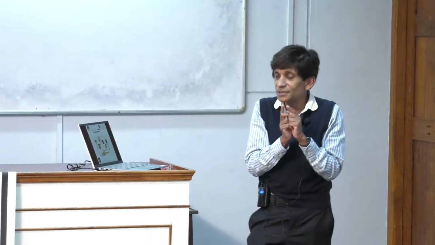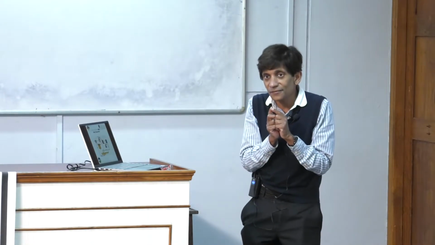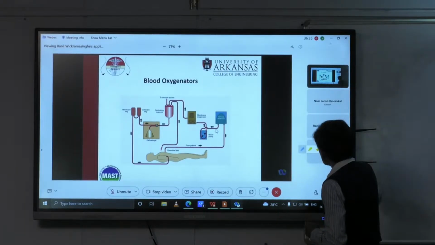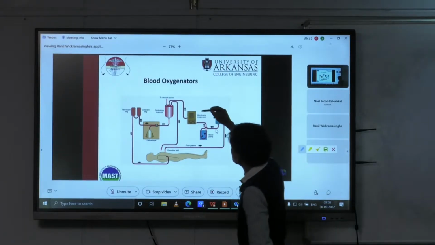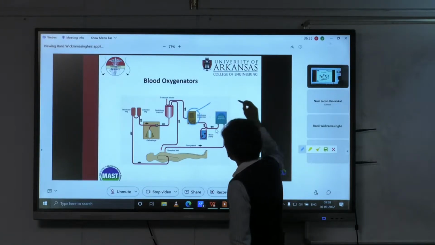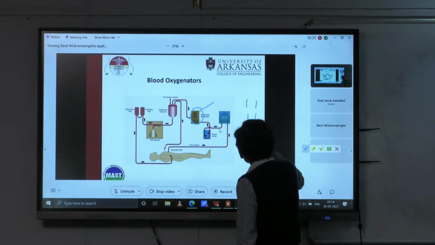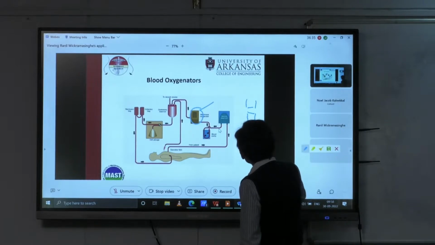What's the driving force here? Actually, it's a difference in concentration. It's a chemical potential, but it's a little bit different. If we enlarge this, for example, you have your membrane like this, and these are the pores, right?